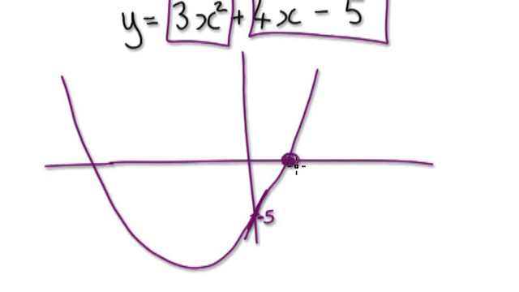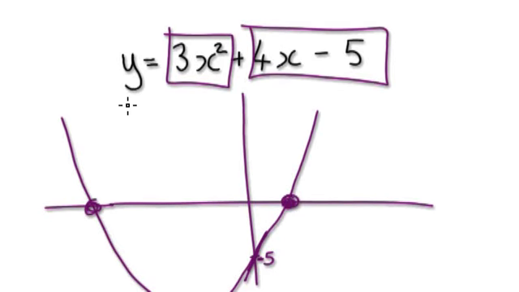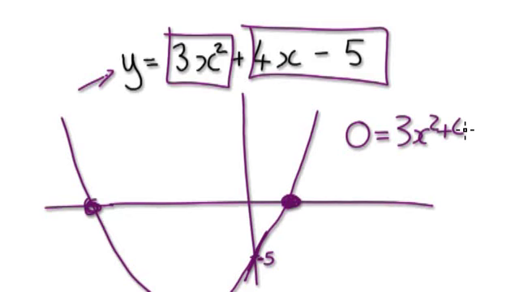Now, in the previous videos, I showed you how you could find out these 2 points by setting this thing to 0. So it will be 0 equals 3x squared plus 4x minus 5. And then remember, we are only good at dealing with it when the coefficient of x squared is 1.